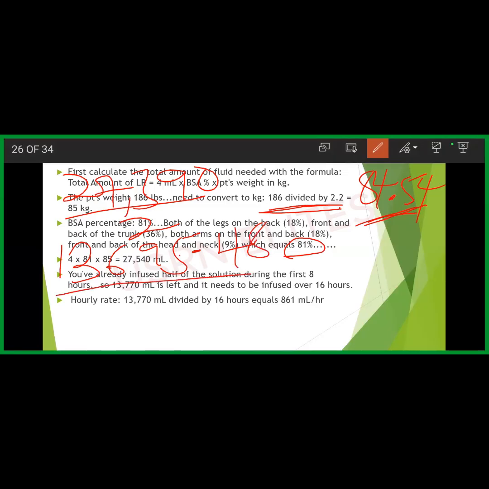Then let's divide this by 60. You see, this is the half of it. So you give half in the first 8 hours, then it will still remain with half, which is the same figure. So you divide by 16.